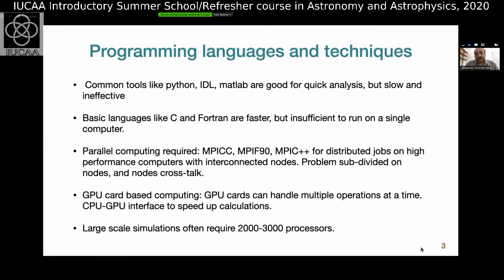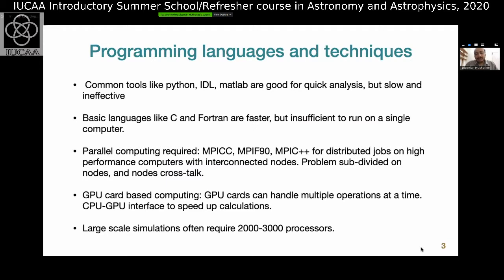So what these do is we don't run things on a single computer. We have multiple processors connected by fast connectivity. It's called InfiniBand connectivity. And we divide the problem into small chunks, and each of the processors does the computation of that particular chunk.